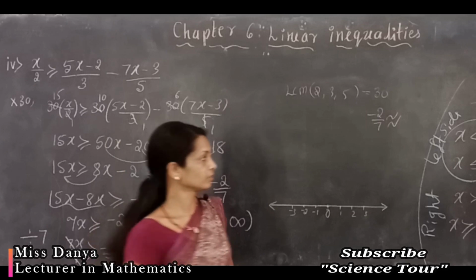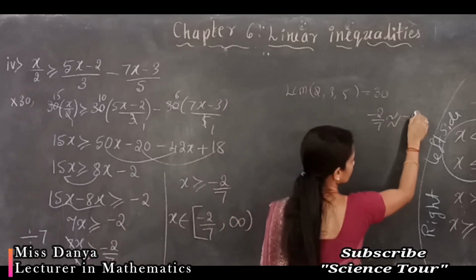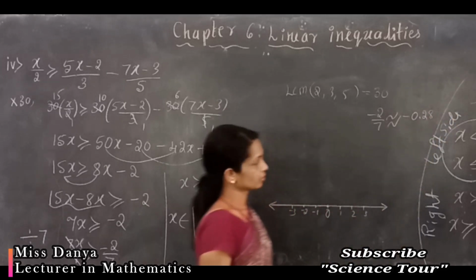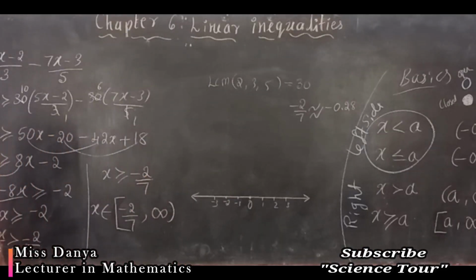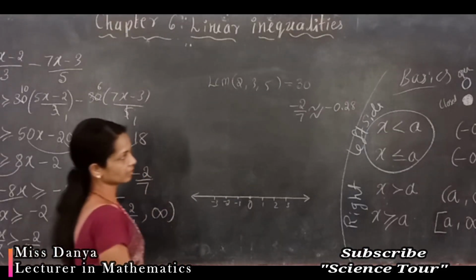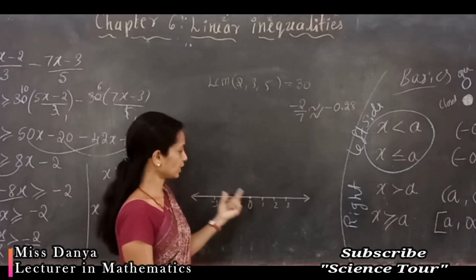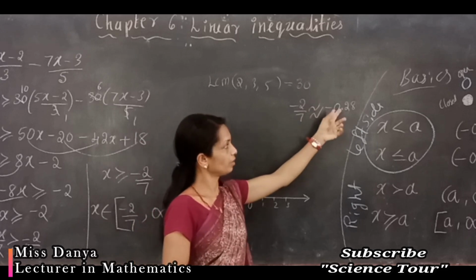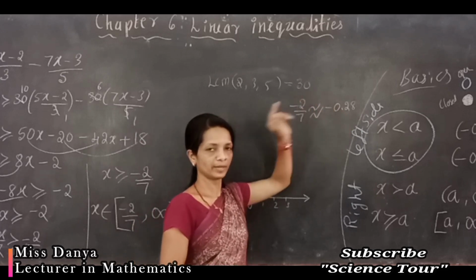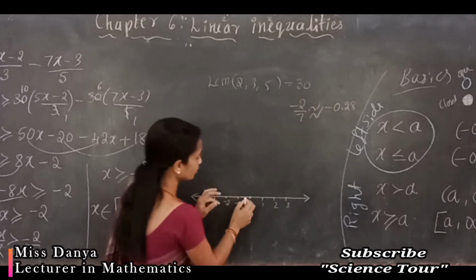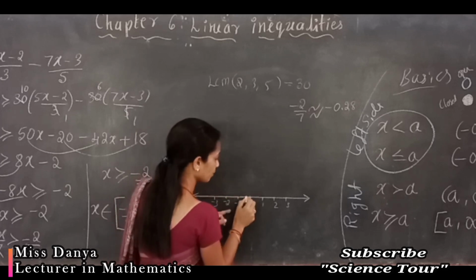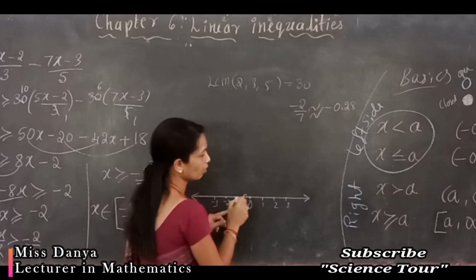That is 0.28 something, so minus 0.28, which means it is negative. Negative means on the left side of 0. For the approximate value, we mark this as minus 0.3. Somewhere here you will get minus 0.3.